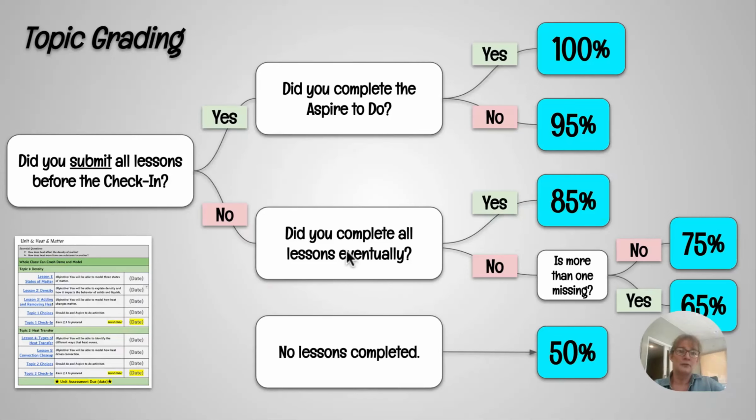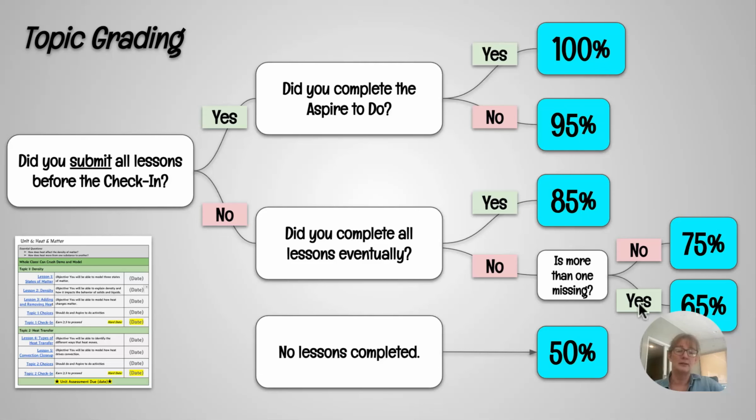If, and hopefully we don't get here, but if those lessons never get completed, now you're down here. And then the final question to ask yourself is, is more than one lesson missing? So say there was only one lesson that you never did turn in, you're up here, you get a 75% for that topic.